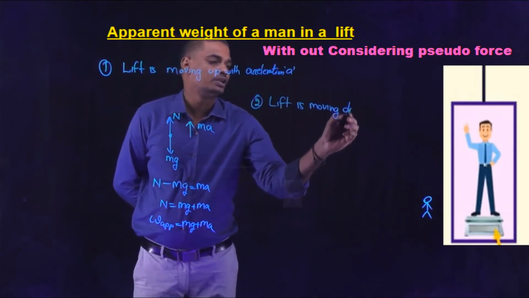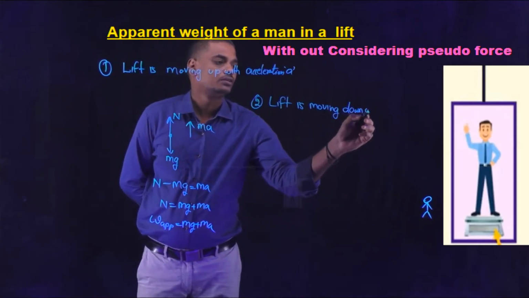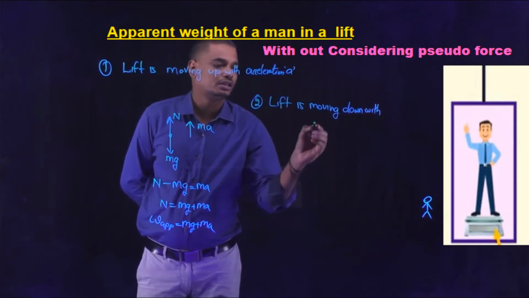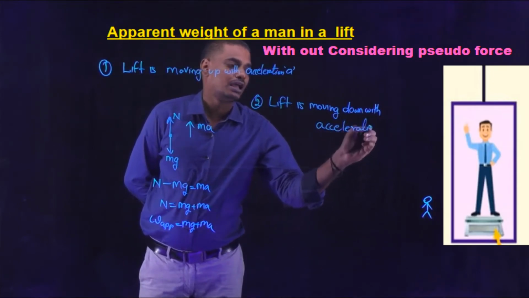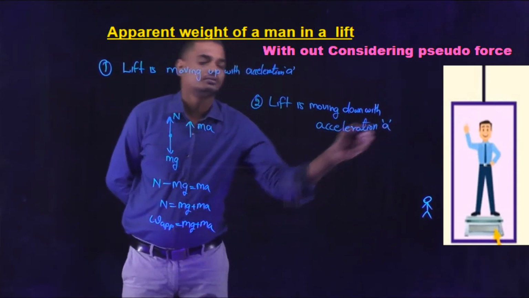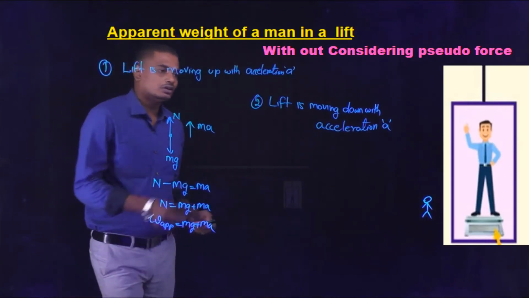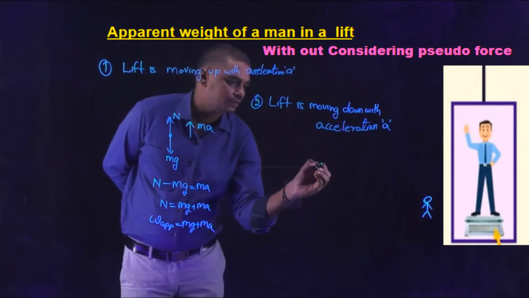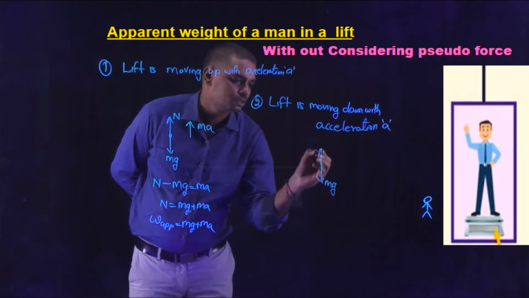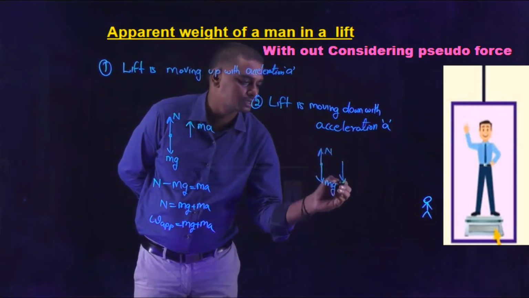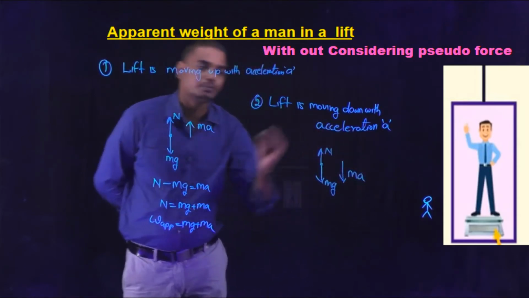Now take the second case, where the lift is moving down with acceleration a. If the lift is moving downwards, then the free body diagram will be in this manner. The weight of the person is mg, the normal reaction is N, and as the lift is moving downwards, the net force is ma.